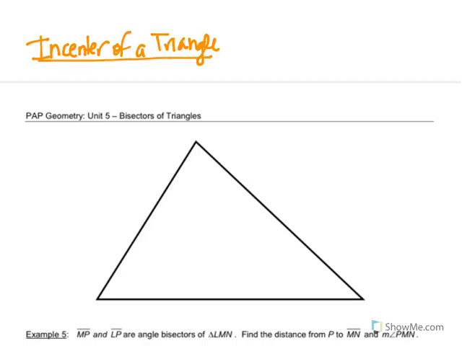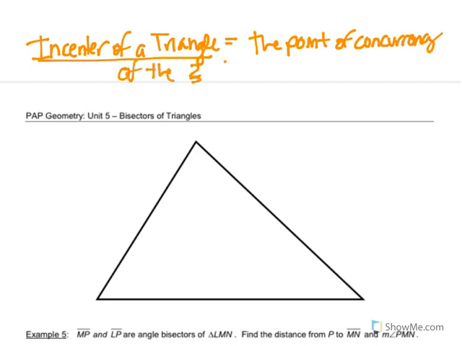The incenter of a triangle is the point of concurrency, where things intersect, of the three angle bisectors of a triangle. Remember, the circumcenter was where the perpendicular bisectors intersected. This is where the angle bisectors of the triangle are going to intersect.